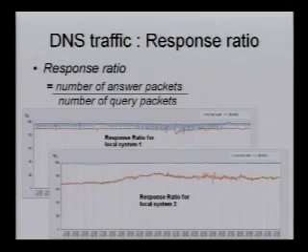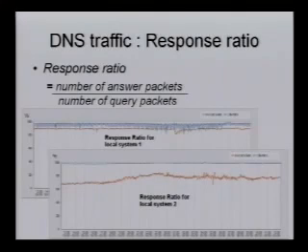This slide shows the response ratio submenu of DNS traffic. We calculate the response ratio with the number of answer packets divided by the number of query packets. Red curve shows the response ratio of recursive queries.